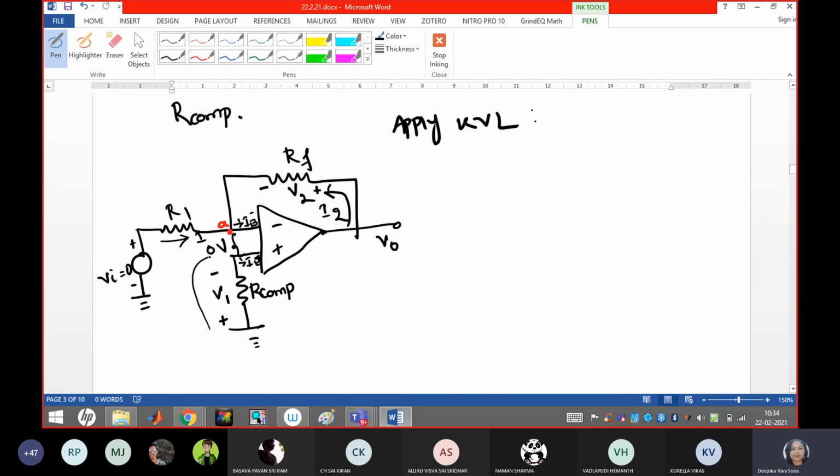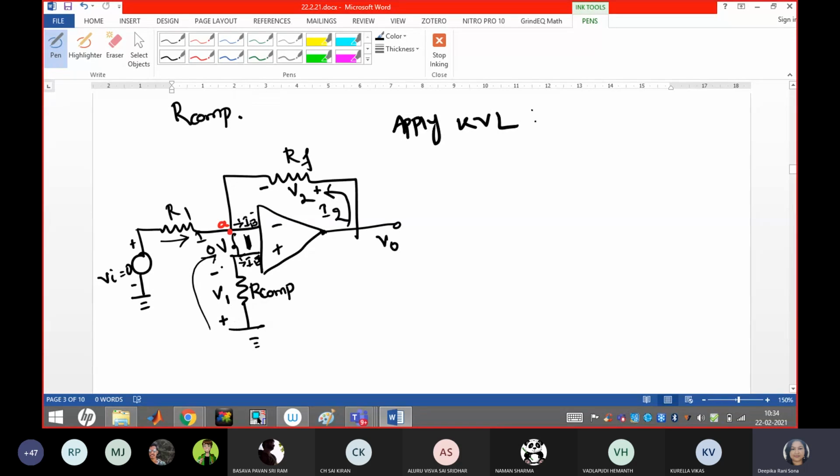But where is it appearing? Who can say? The same V1 is appearing at node A or not? But what is the difference between these two potentials? What is the difference? 0 volt, no? In between these two terminals, yeah.